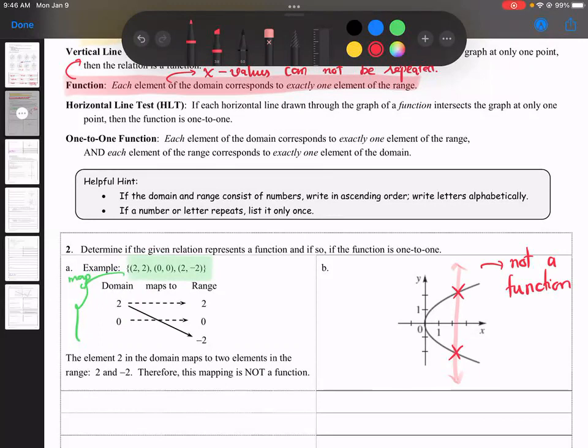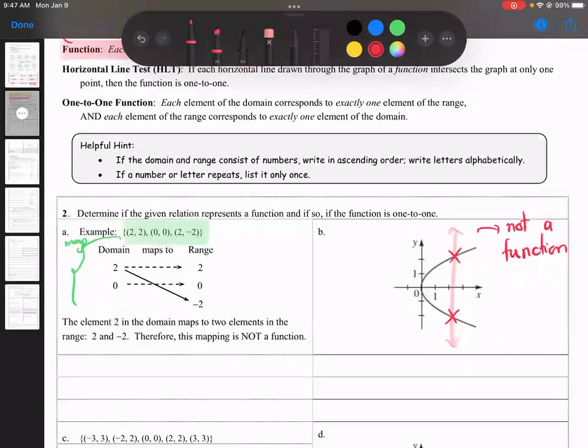Is it a relation? Yes, right? Relation is very easy. As long as you have x and y, it's a relation. I don't care if x or y repeated, right? So function is a relation plus x is not repeated. Okay, that's all you have to know. That's all you have to know.